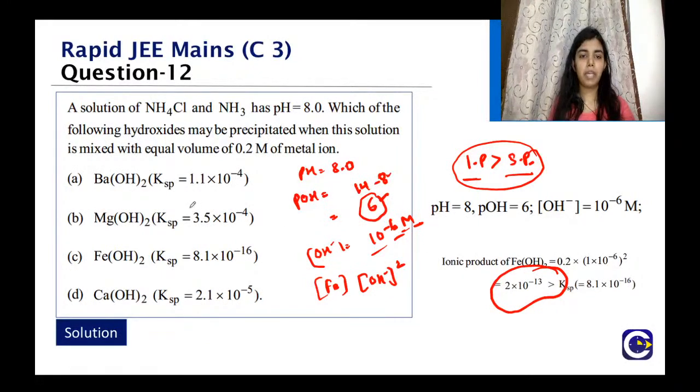So it will be how much? Yeah, so we have to see that the solubility product should be less than 2 into 10 raised to the power minus 13, right?